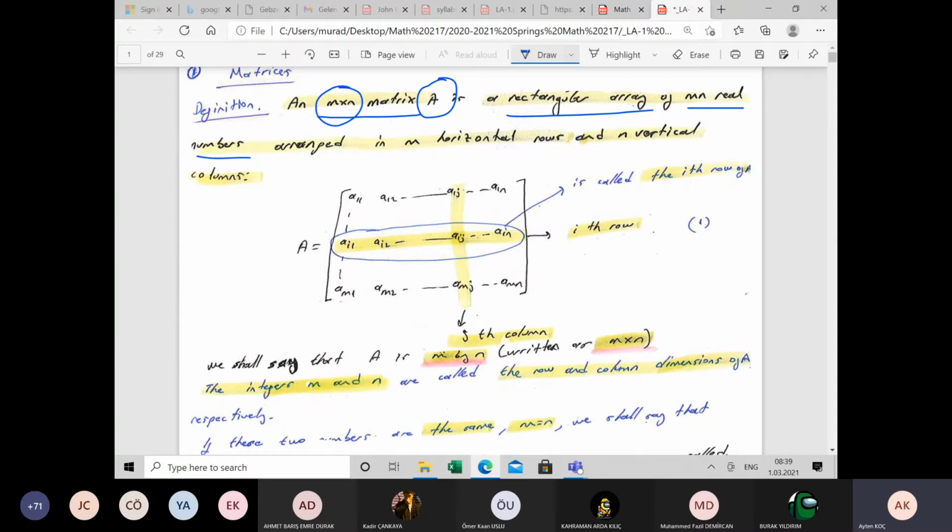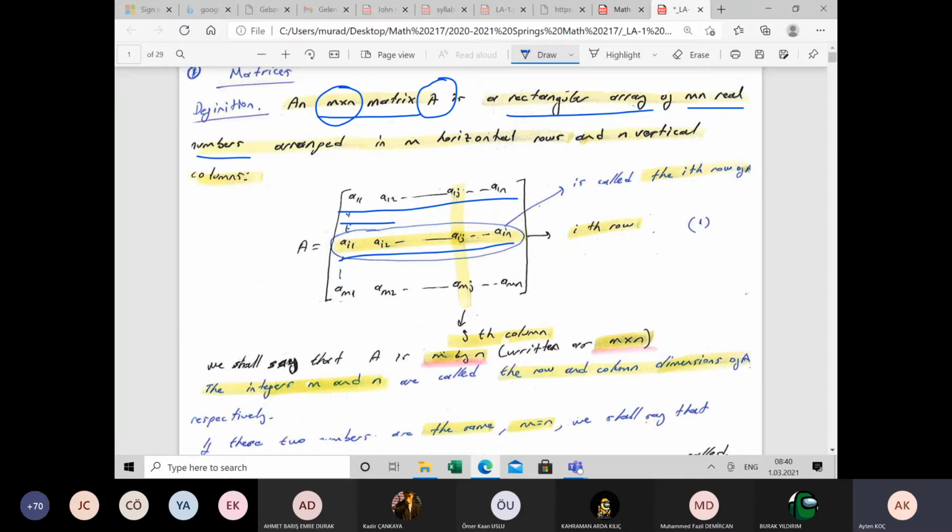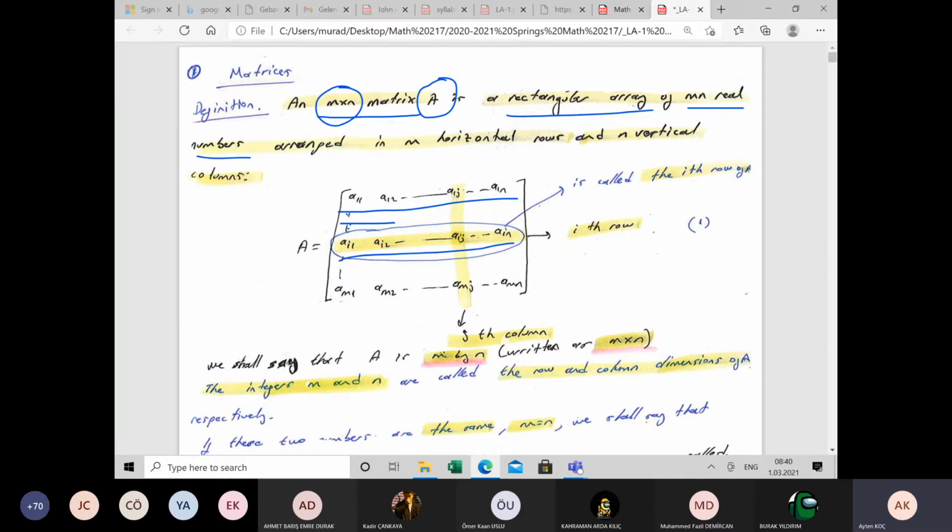Our matrix has a first row, next one the second row, and then row i, and this one is the last row. This matrix contains m rows, which means the number of rows is m.